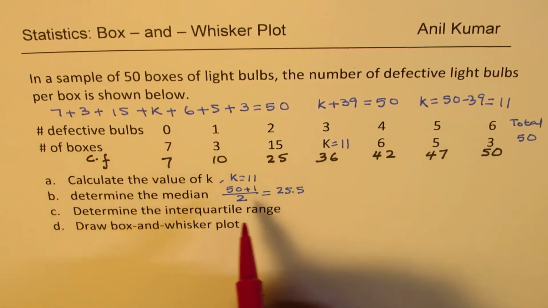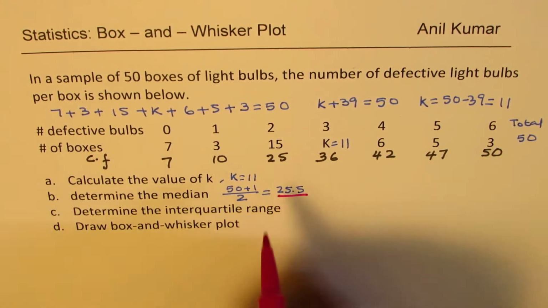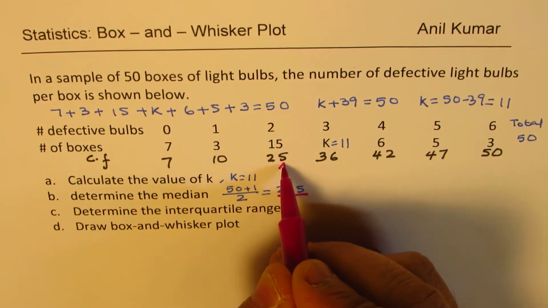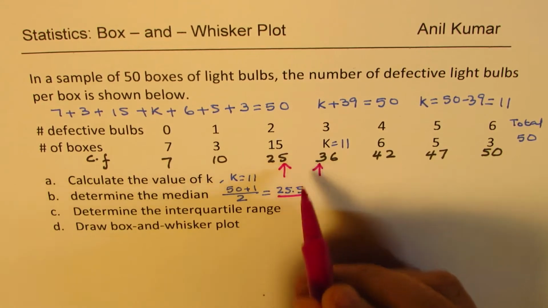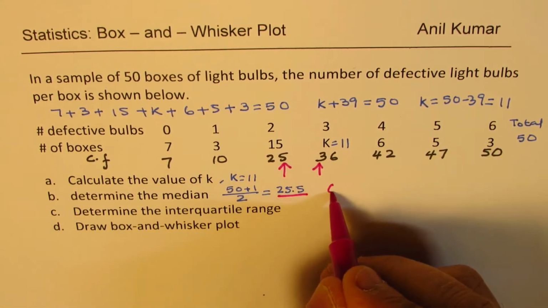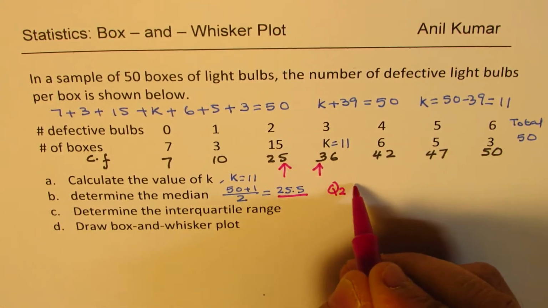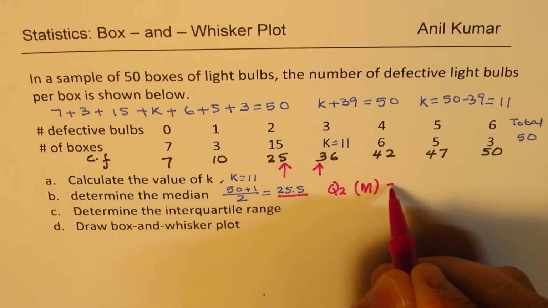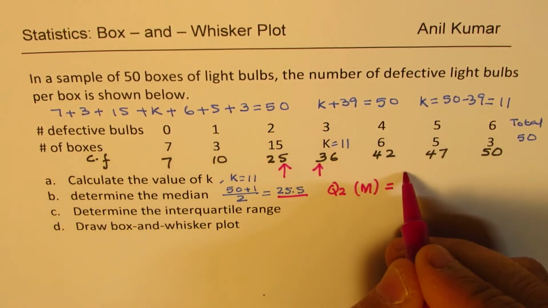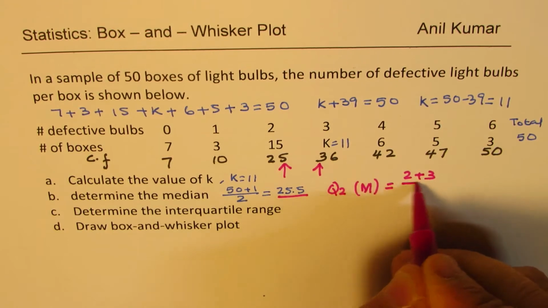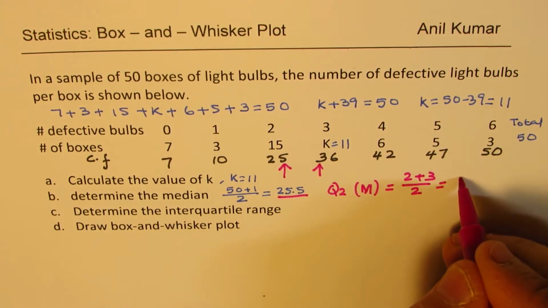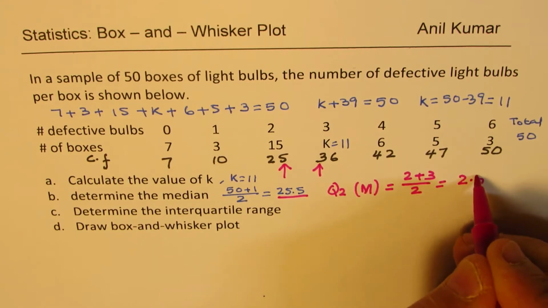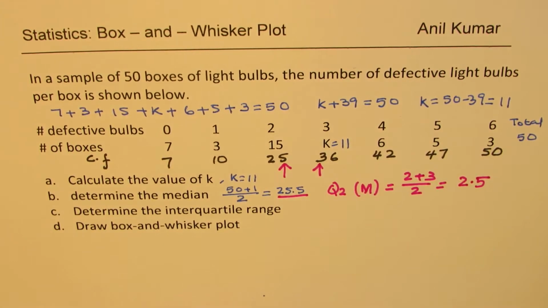The number which you are looking for is 25. That means it could be here or there, right? So between these two. So the value of Q2, or you can say median, is equal to 2 plus 3 divided by 2. So that is 5 divided by 2, which is 2.5. So 2.5 is your median, right?